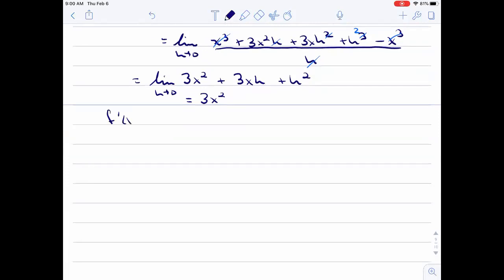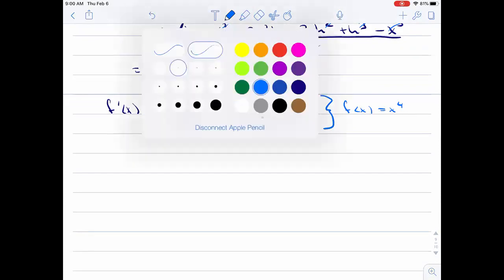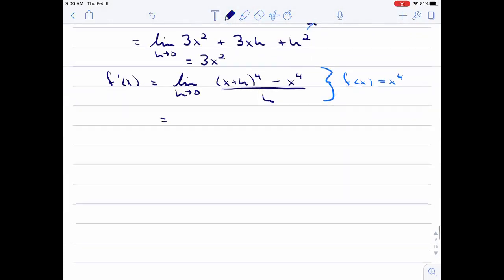Do the last one. The limit as h goes to 0 of x plus h to the 4th minus x to the 4th over h, because we don't want to do these limits anymore. This is if f of x is x to the 4th. Clean that up a bit.